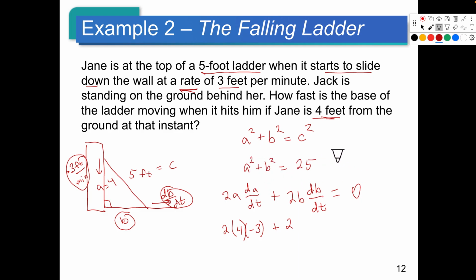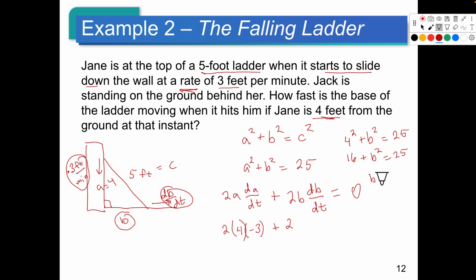So we're going to come back up here, and we're going to say, oh yeah, if A is 4, we get A squared plus B squared equals 25. So that's 4 squared is 16. Subtract 16 from both sides, right?